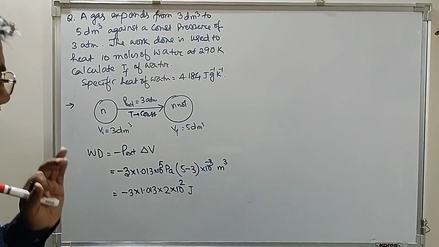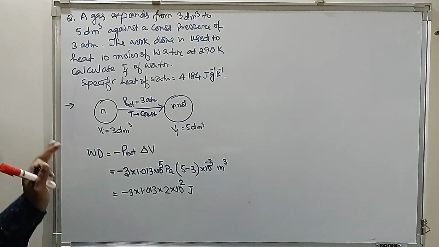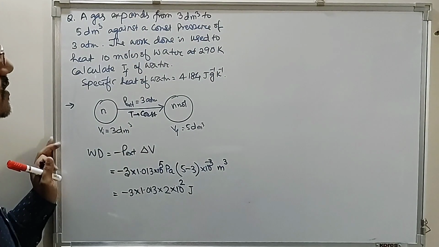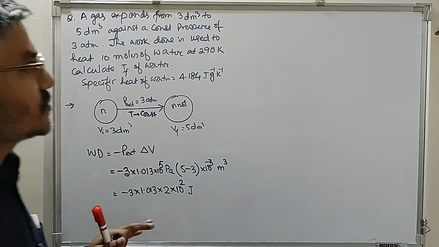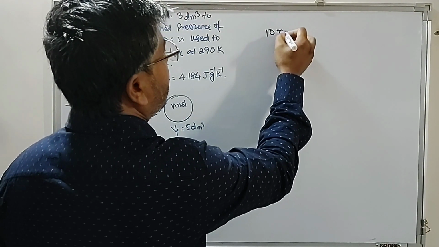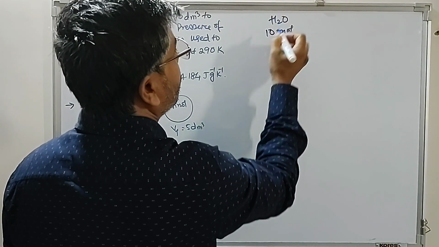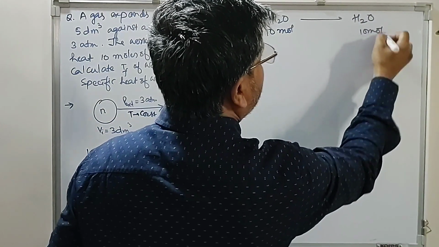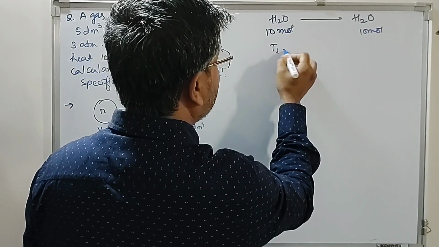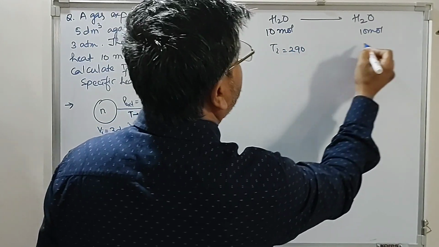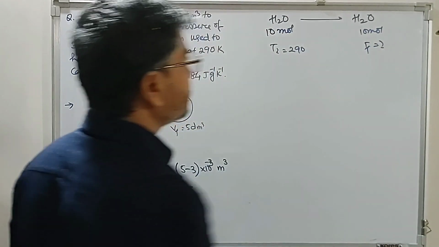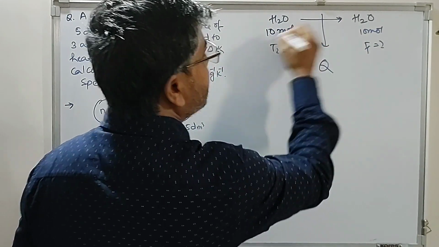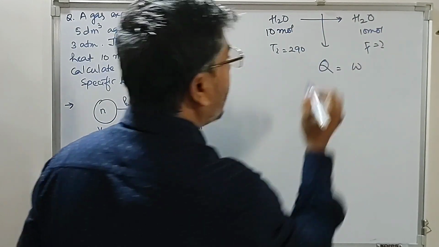Now the question says this work done is used to heat 10 moles of water whose initial temperature was 290 Kelvin. So 10 mole of H2O is heated; the initial temperature was 290, and what is the final temperature? The heat supplied for this heating is equal to the work done.